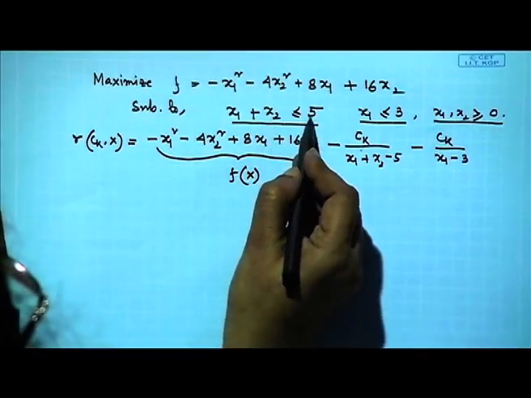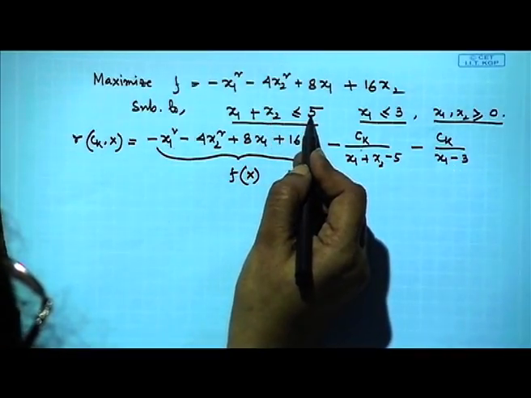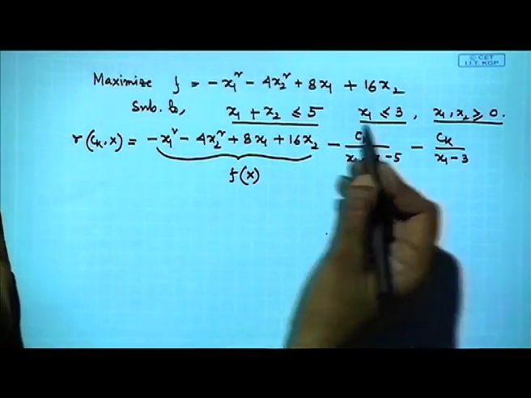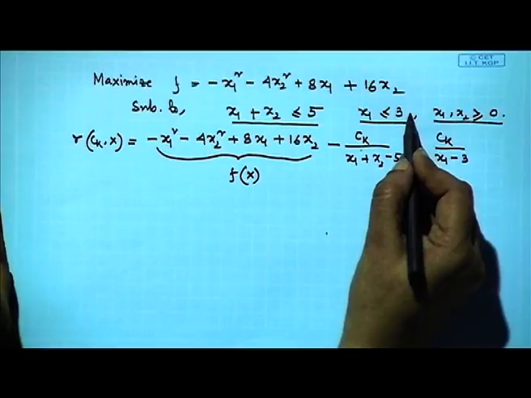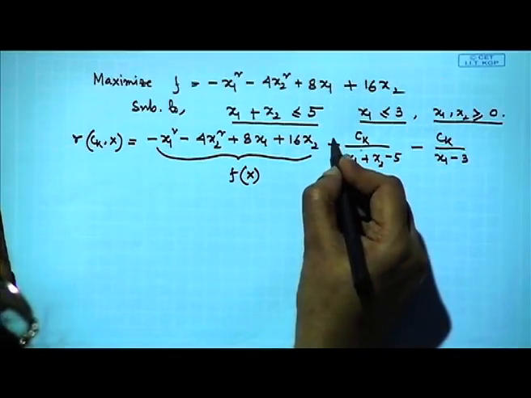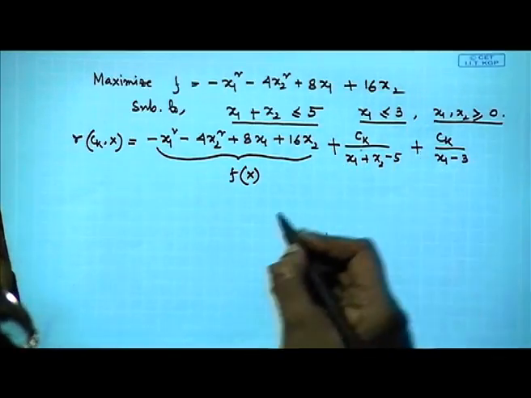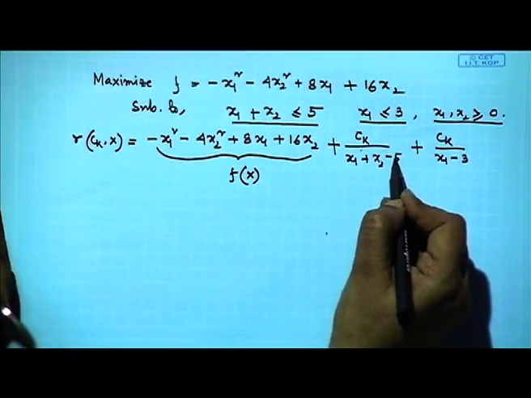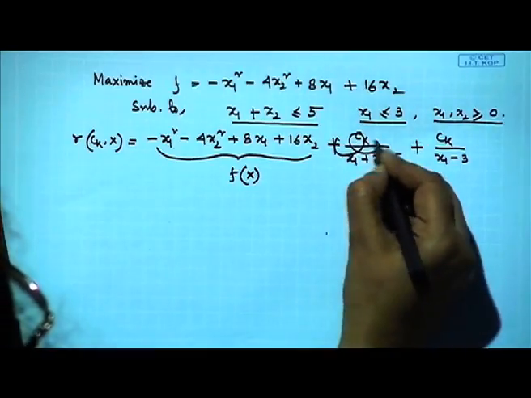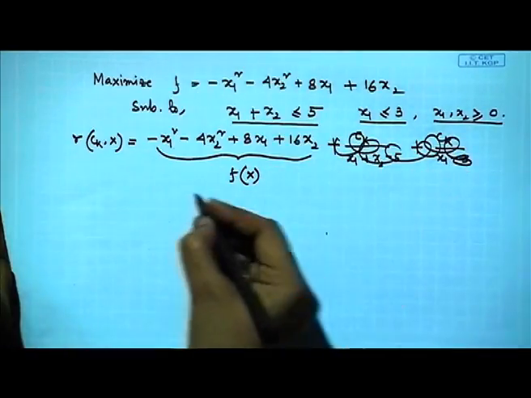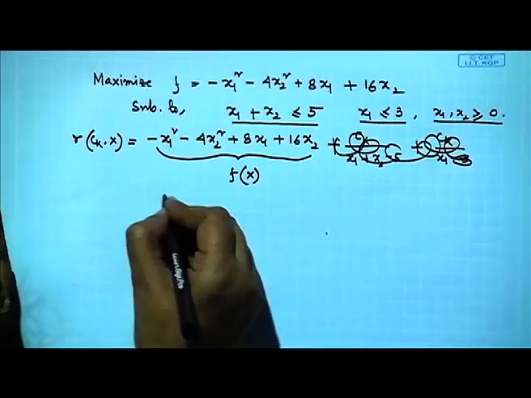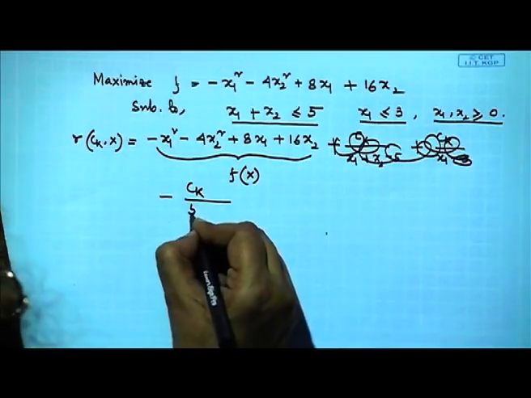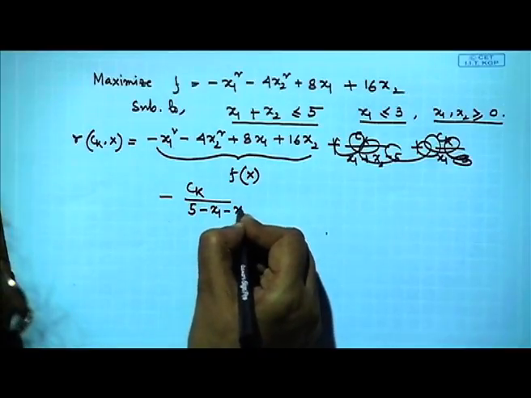That is why the greater than type of equation would be 5 minus x1 minus x2. Here it will be 3 minus x1. That is why this value will come as plus. No, let me write it down in the proper form. ck divided by 5 minus x1 minus x2.